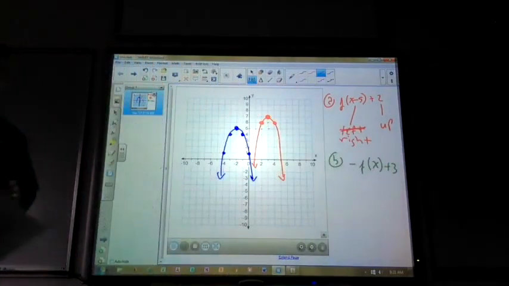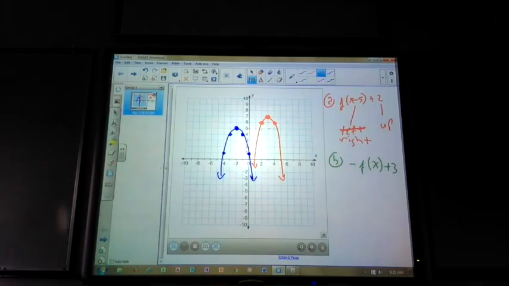So I know it moves up, but what does the negative out in front of the f of x do? It makes all the y's negative. Does it change the x? Flip the x-axis.